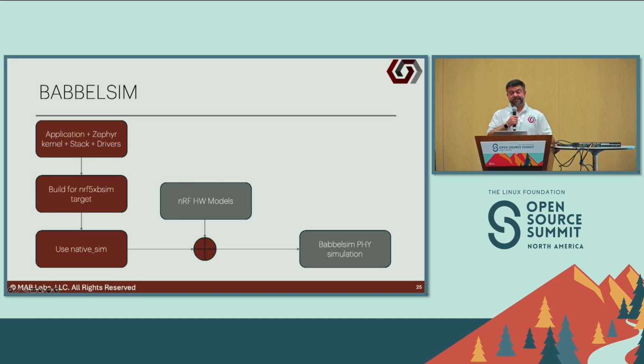That's a specific target that is still executing x86 instructions, but it has abstractions implemented that are specific to the NRF52. Then you run that on the native sim target. BabbleSim also has models implemented for the underlying NRF52 radio, and you combine those two together and run them in a single BabbleSim simulation.